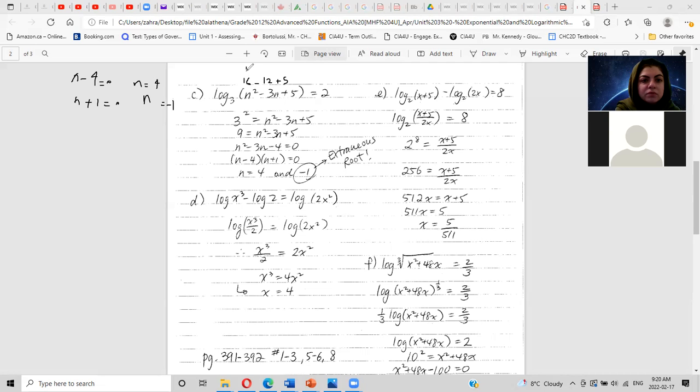Negative 1 squared is 1. Negative 1 multiplied by negative 3 is plus 3. And plus 5. So it's positive as well. So there's no problem. So both of these answers are acceptable because if you put it in front of the log, you get a positive value.